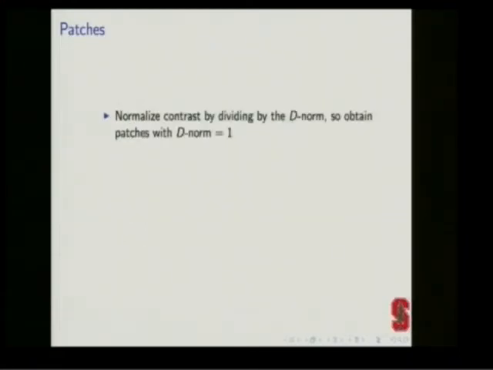We can also now normalize contrast because we removed all these nearly constant patches, which means that when I go into the 8-dimensional space, I can remove a little ball around the origin. And so I'm now able to divide by the L2 norm. And so I now obtain data that lies on a 7D ellipsoid, actually.